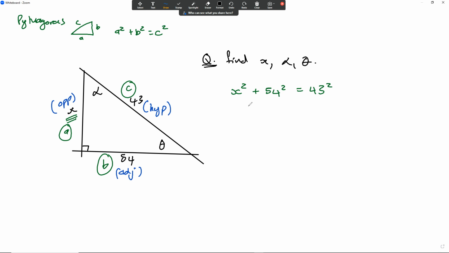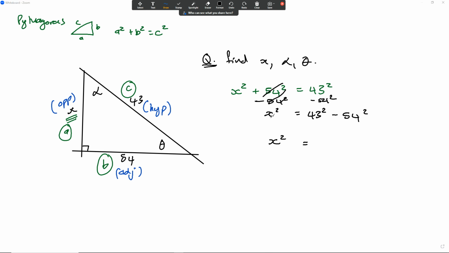Right. So this is going to become x squared is equal to 43 squared minus 54 squared. How did I get that? I'm just subtracting 54 squared on both sides to cancel it out, isolating x. Let's see what x squared will become when you put it on a calculator.